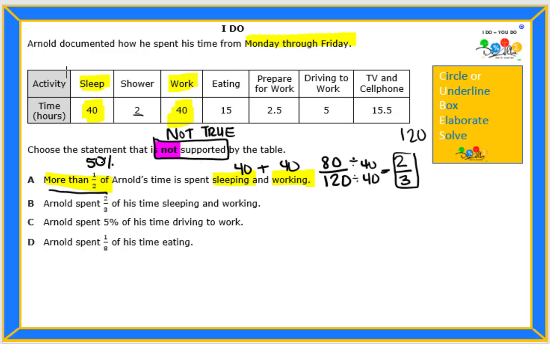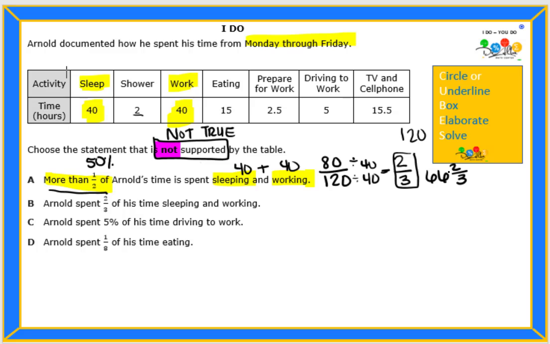So 1/3 is 33 and 1/3%. 2/3 is 66 and 2/3%. Now, if you don't know these, then you will have to convert them using your division. It is a good idea to practice these and learn them. Those are the flashcards that you had at the beginning of the unit. Okay, so 66 and 2/3 is more than 50%.